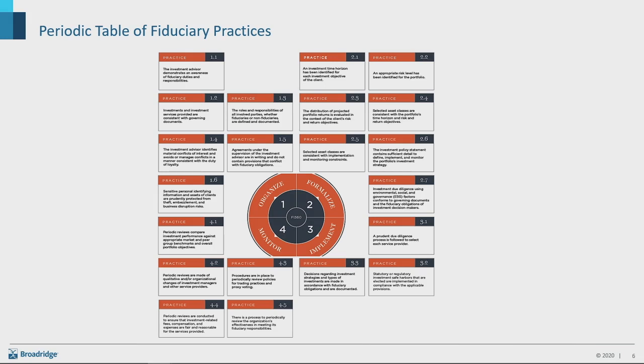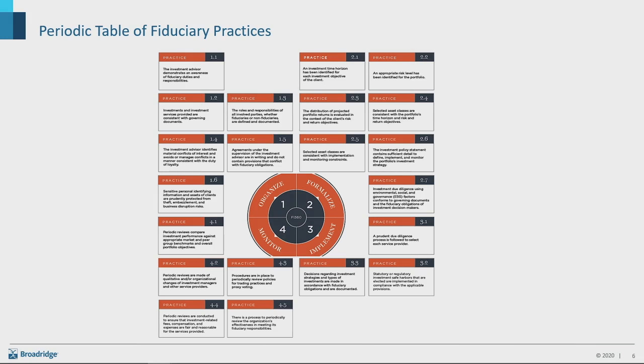The second step is around formalizing the overall investment strategy or plan, creating a structure for an investment policy statement when it makes sense and is applicable for the specific client situation.